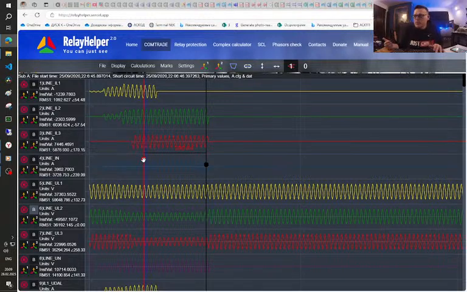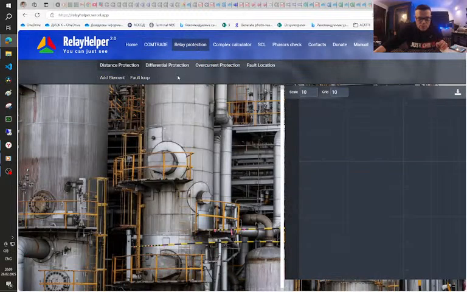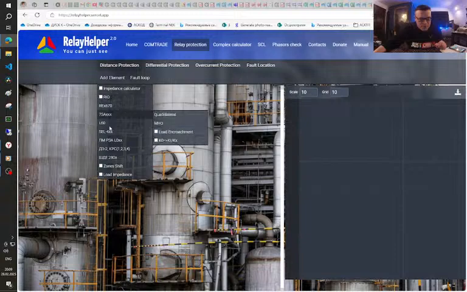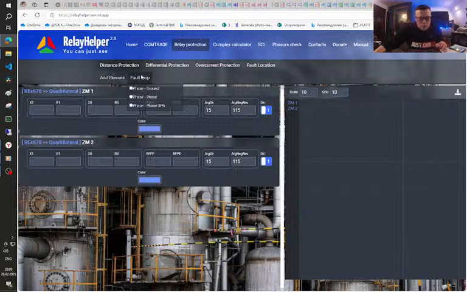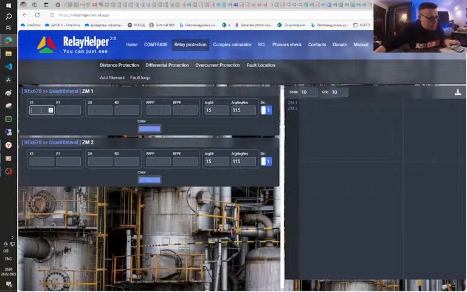So if we have distance protection, why don't the first or second zone just trip? I want to check the distance protections from the substation A side. So let's go to the relay protection. I just add two zones, check phase-to-phase loop, and insert settings only for multi-phase short circuits.